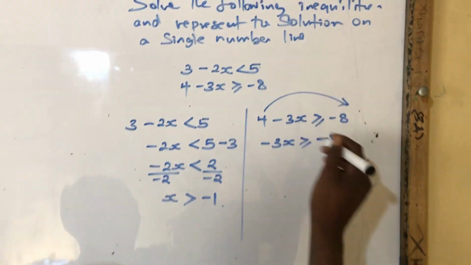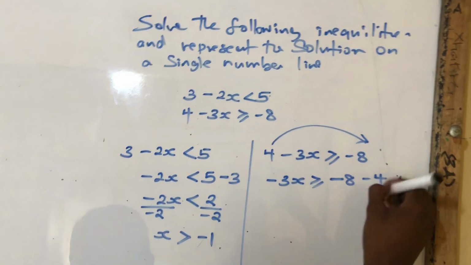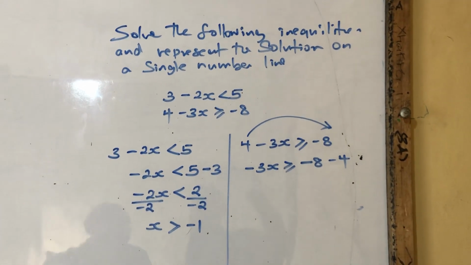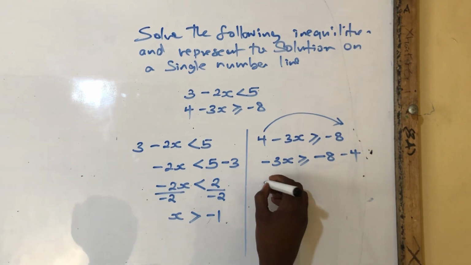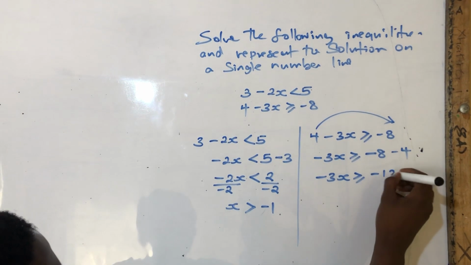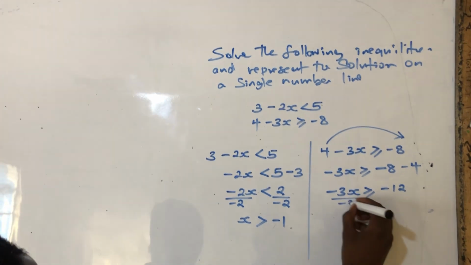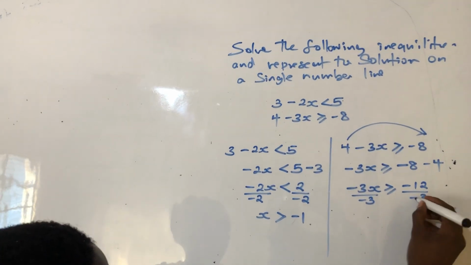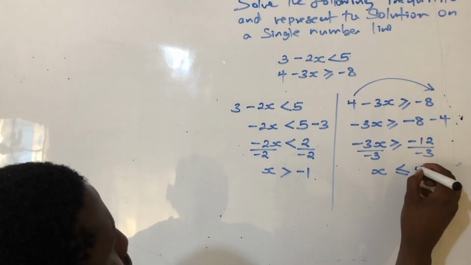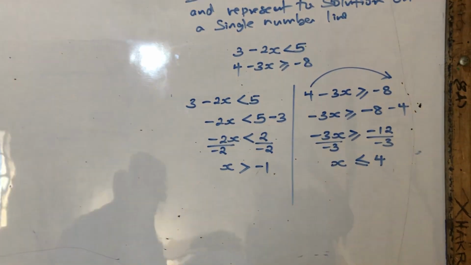Being a positive, the 4 will become a negative if it crosses over. So this will then become negative 3x is greater than or equal to negative 12. Divided by negative 3, x will become less than or equal to positive 4.